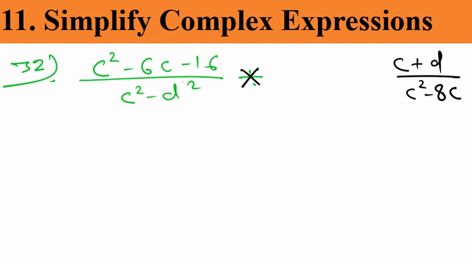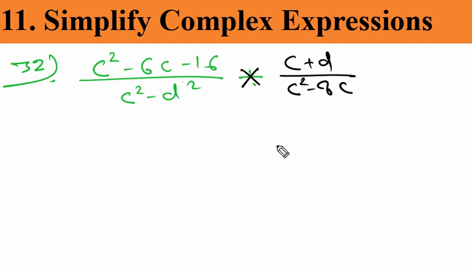Now what will we do here? So let me write here c plus d over c square minus 8c. Good. Now next step, first you will factor them. So c square minus 6c minus 16. Use the calculator.